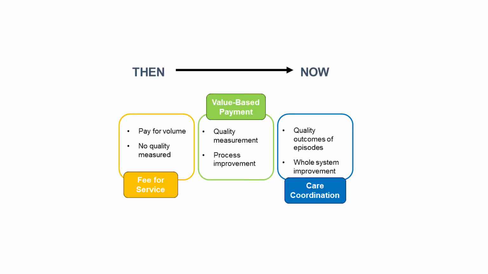So again, just then what we're sort of under now, straddling the first two, pay for volume, no quality is measured, to value-based payment, quality is measured, and looking at process improvements to the future, looking more at care coordination, quality outcomes for an episode, a disease, and whole system improvement, and really looking at payment structures that follow that patient through that clinical care pathway.